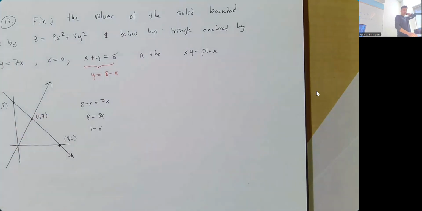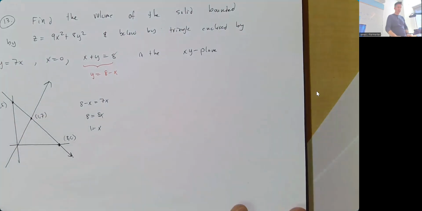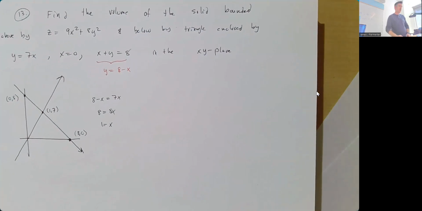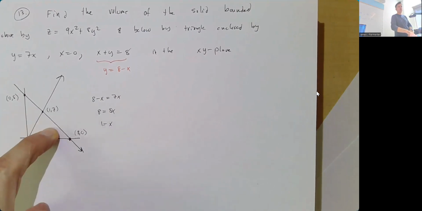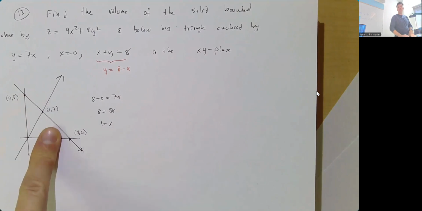And now the important question here, and this is the place where it's really, really easy to do the wrong thing. Which triangle are we talking about? That one there or that one there? The top one, the left one, or the bottom one? The left one. How do we know?